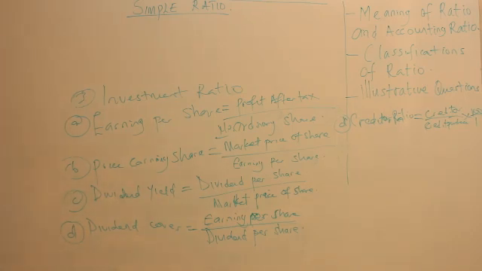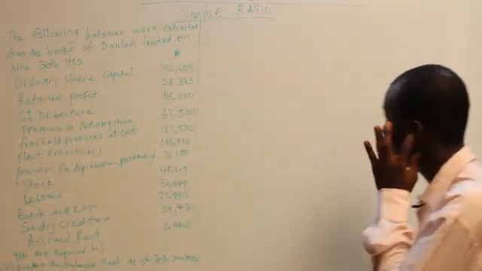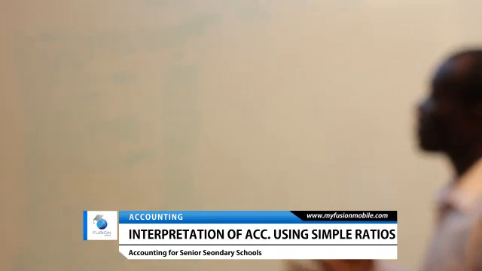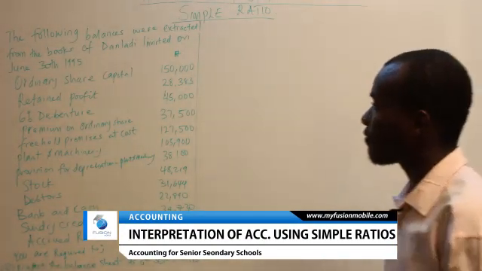So you can move to some illustration question now. The following balances were extracted from the books of Danladi Limited on June 30th, 1995.